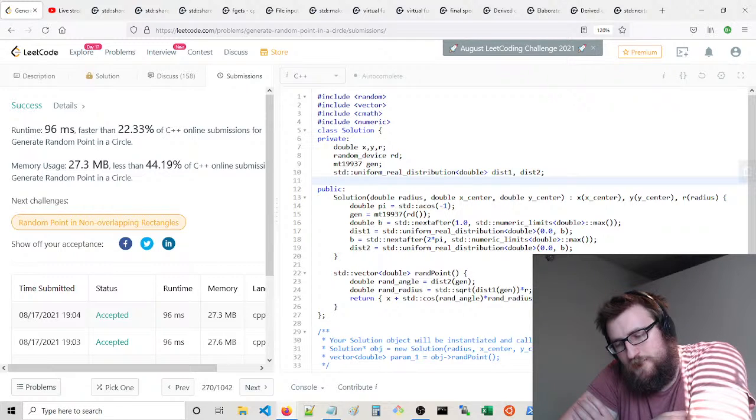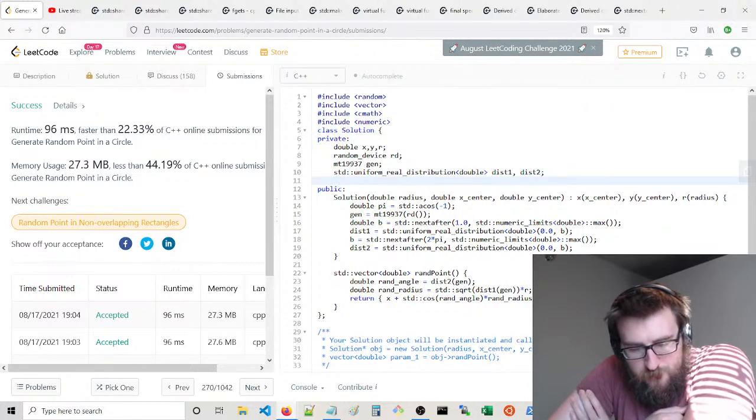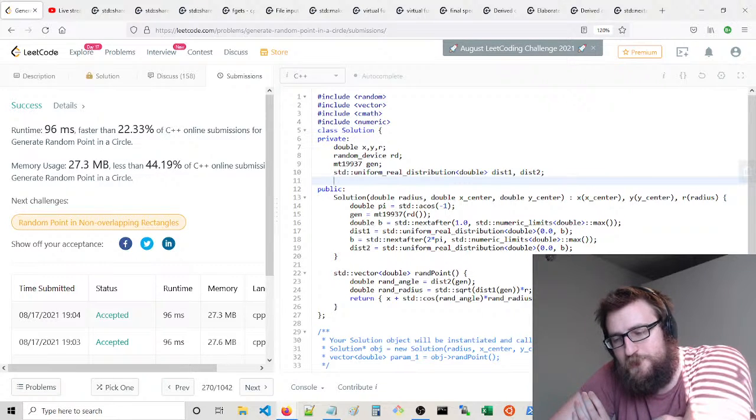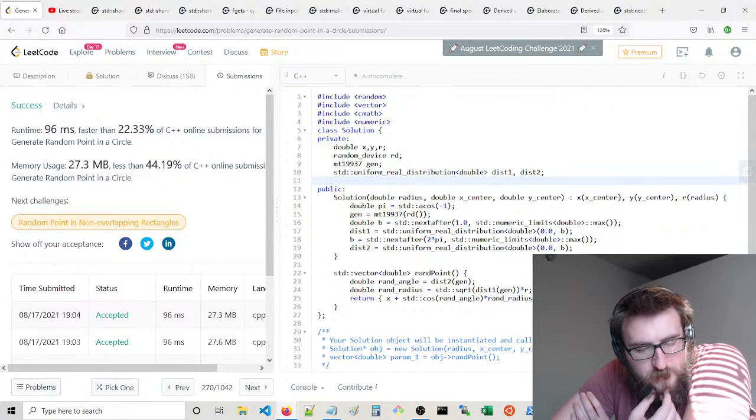Area increases quadratically, and so the probability that a given point is going to be in a particular circle, if we had these concentric circles set up, I guess the idea is what's the probability of having radius A compared to the probability of radius B, where B is greater than A, right?